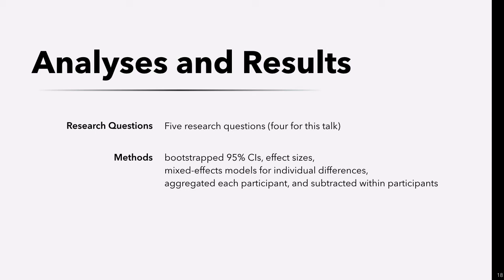We built mixed effect models to account for individual differences, and the basic methodology is just we aggregate each participant's data and then subtract within participants to compute the differences. And last, I want to emphasize that we focused on summarizing all the confidence intervals, and we avoid making a single conclusion based on a single confidence interval.